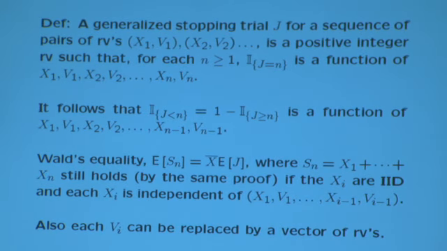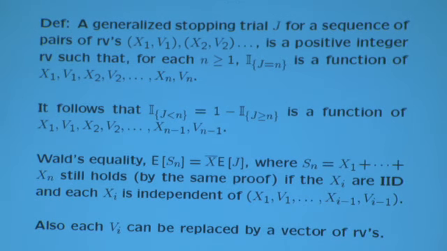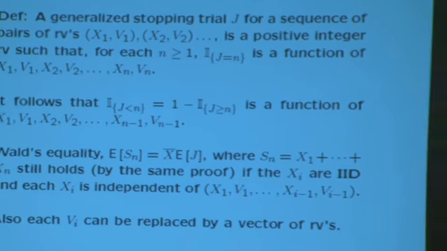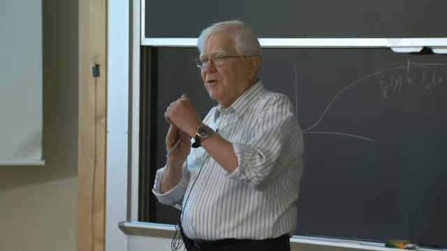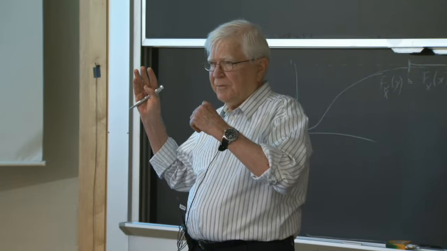In fact, a lot of people prove Wald's equality by skipping all of this stuff about stopping trials, and what they say is that the rule for stopping at time j is independent of all of the future arrivals.